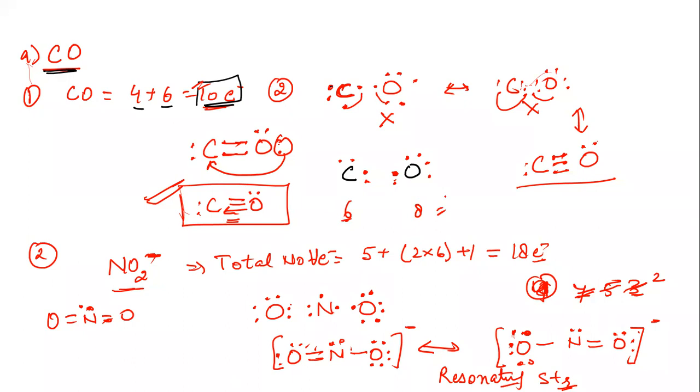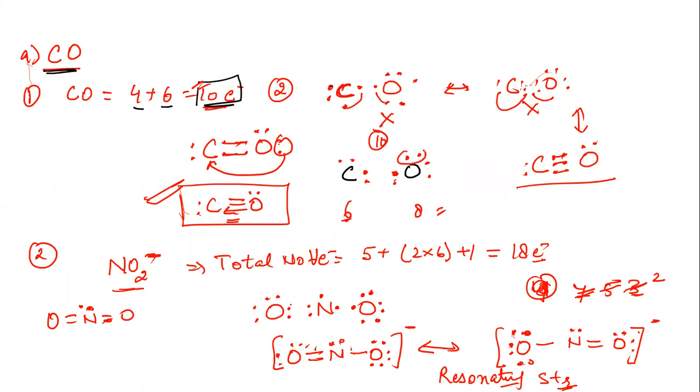Now count the total number of electrons: the total number of valence electrons we are having is 10. Now we all know that carbon cannot have more than 4 electrons in the valence shell. Then what will happen?